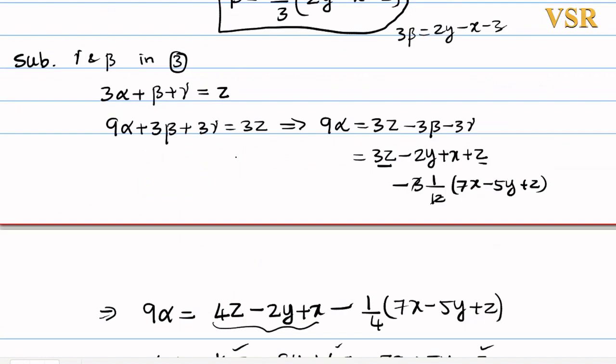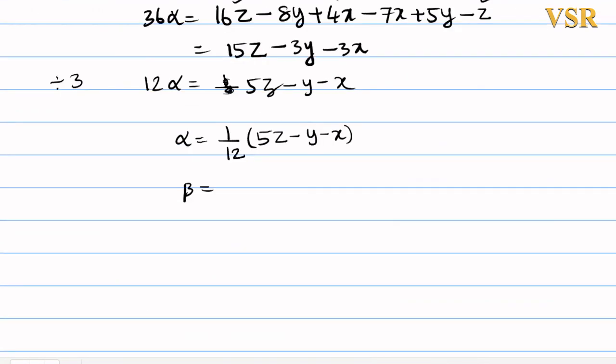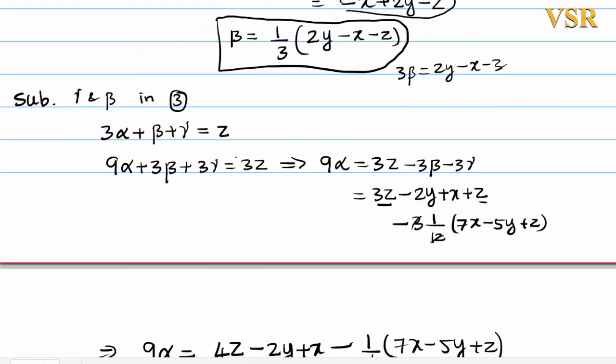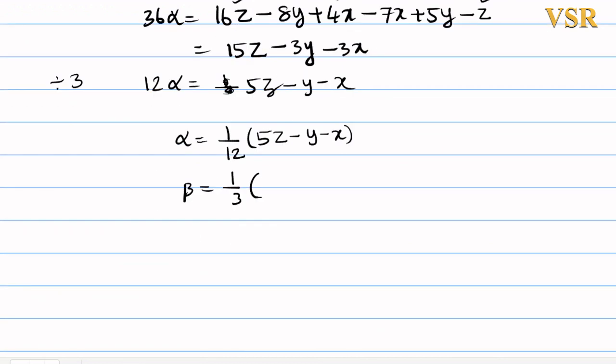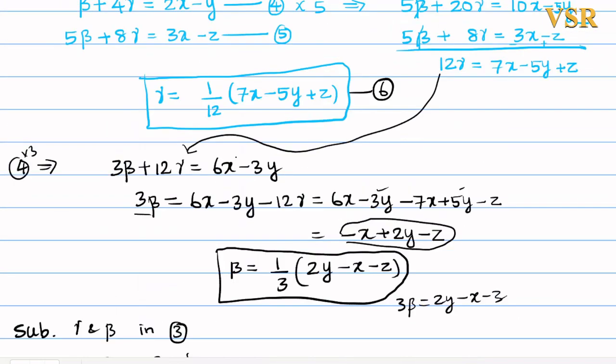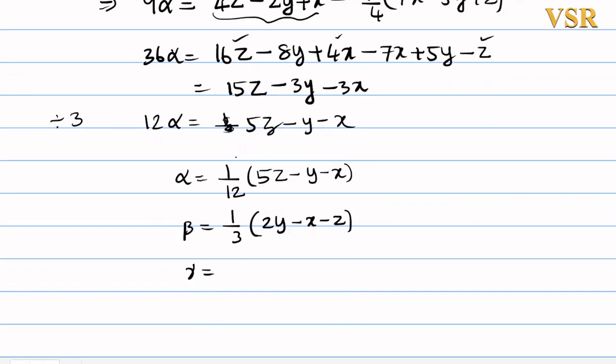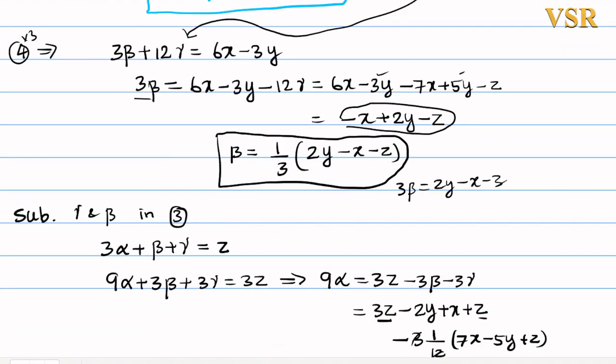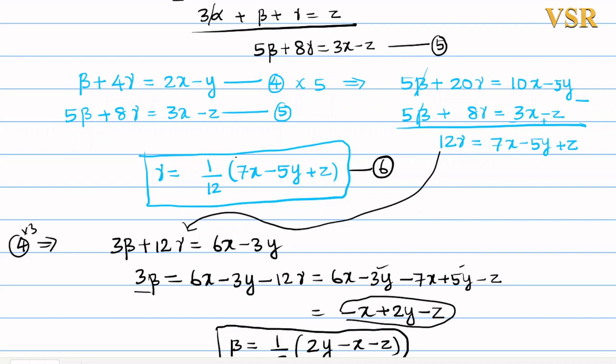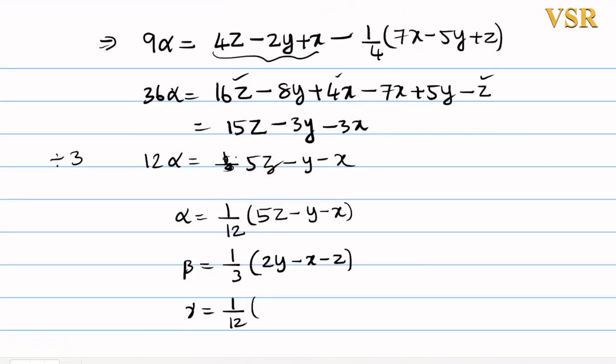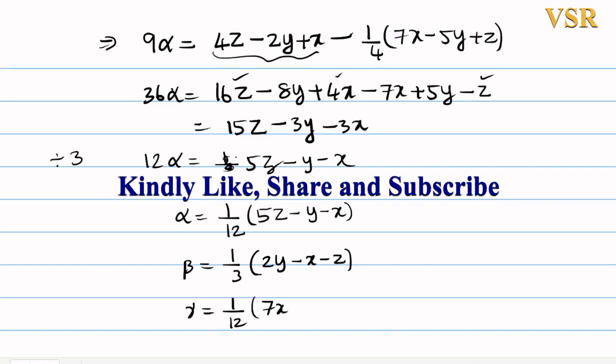Beta is equal to 1 by 3 times 2y minus x minus z, and gamma is equal to 1 by 12 times 7x minus 5y plus z.